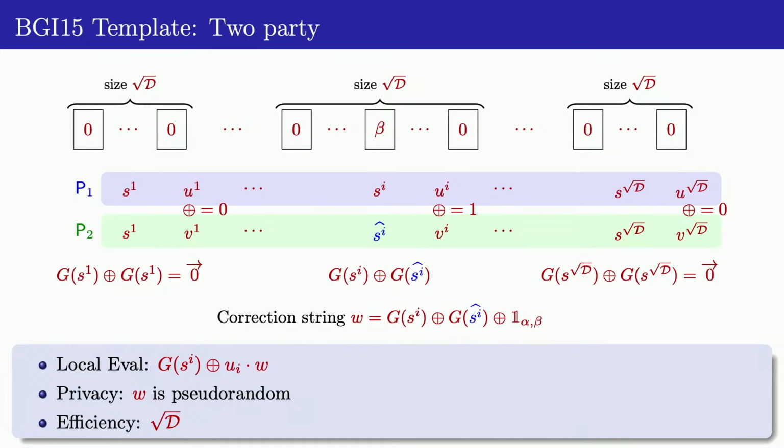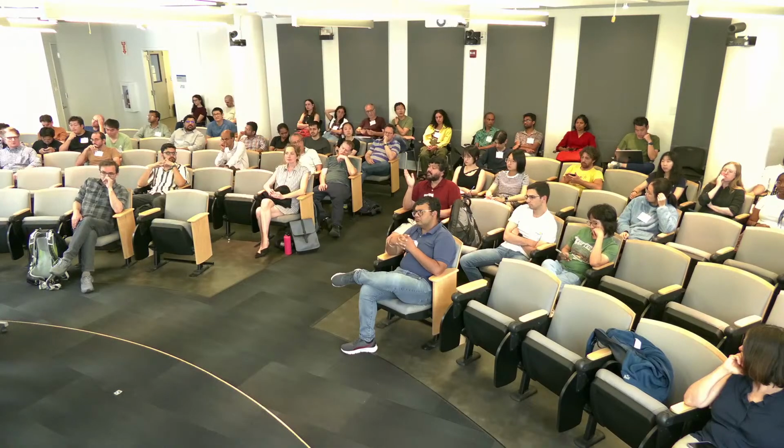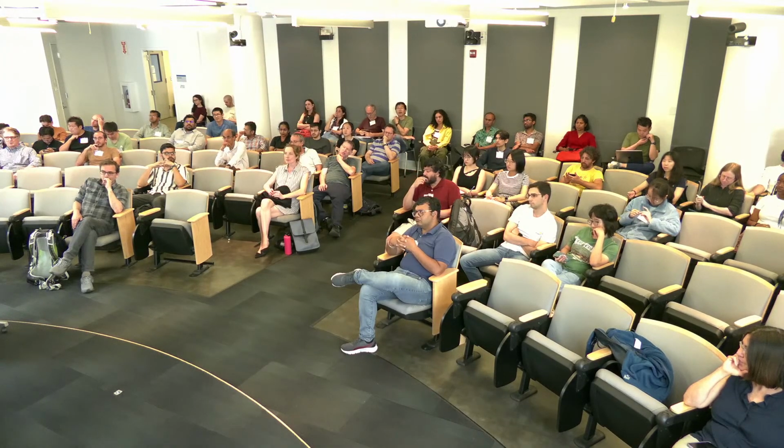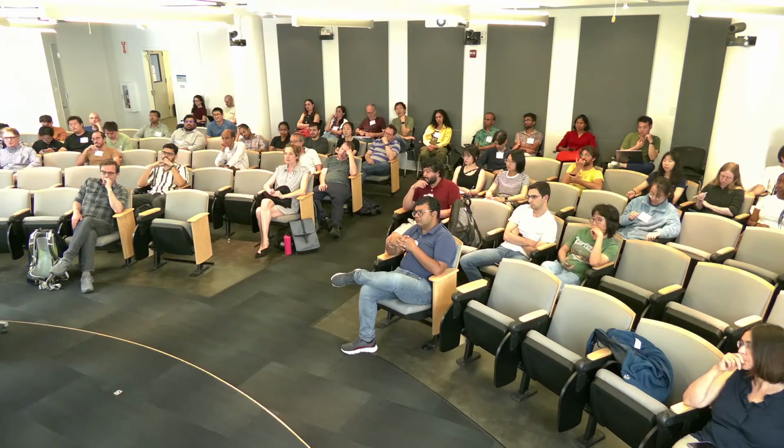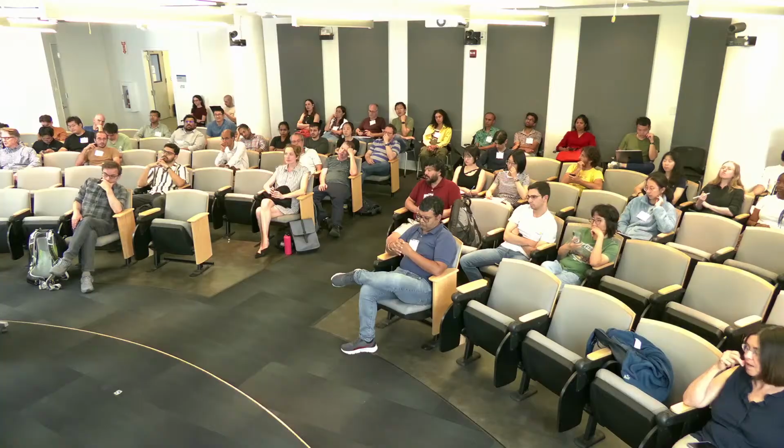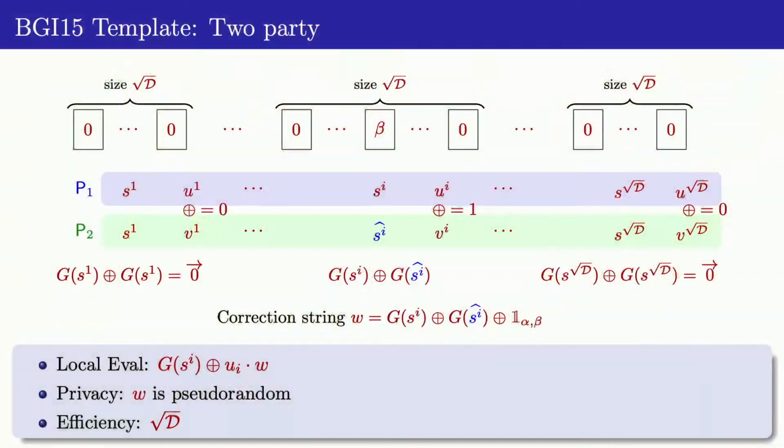Make sense? Questions? Here, is it okay if I interpret the output of the PRG as a characteristic two field element? Good. So I think, first of all, if you are treating this PRG output, you can regroup them as field elements. But if you want them to cancel, you have to give them a sign.